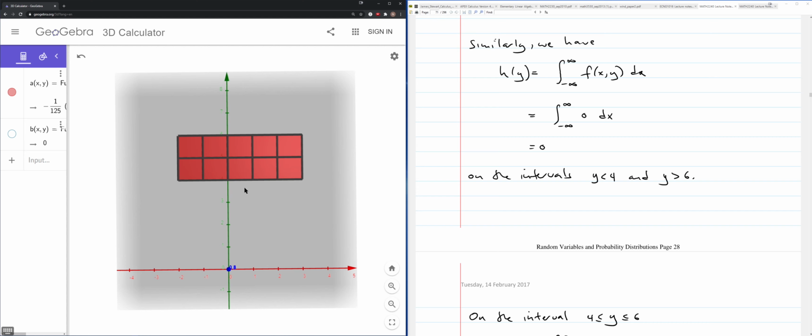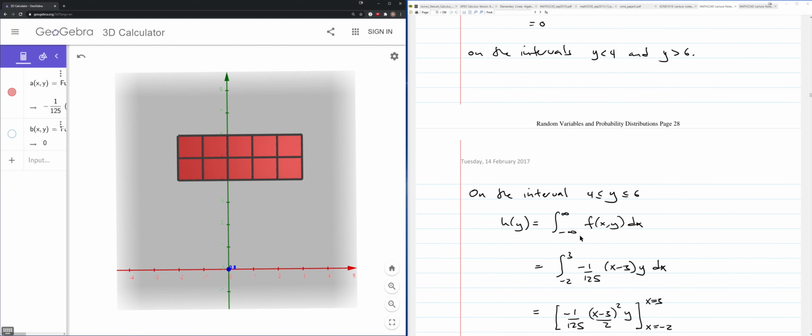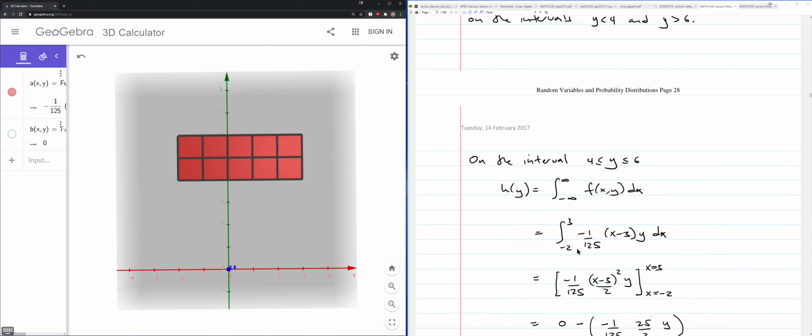On the interval between 4 and 6, the joint PDF is now non-zero, so we need to consider it. What you're doing here is integrating your joint PDF, by definition, between minus infinity and infinity in x.